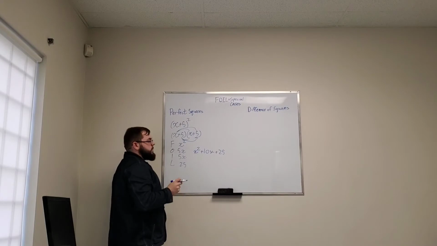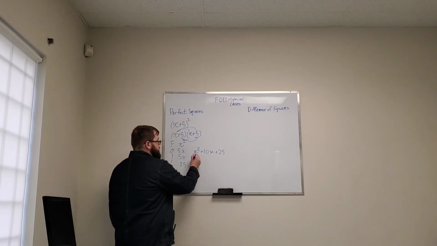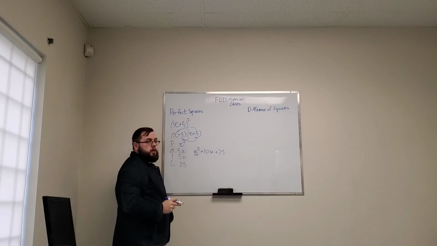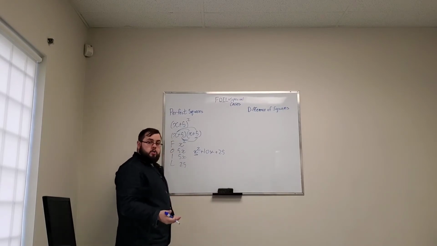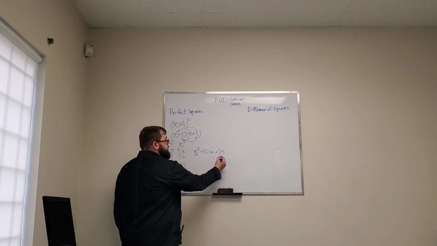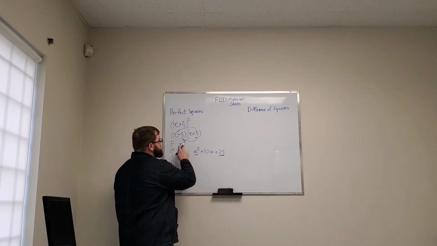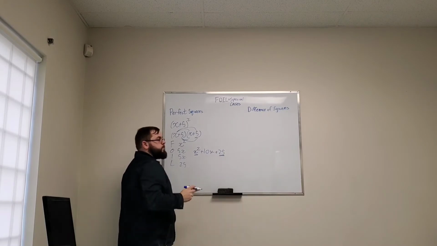All right, so what we can tell from this is that the first term in a perfect square will always be the square of the first term in your binomial. So in this case, x would be x squared. The same goes for the last term. The last term is equal to the square of the last piece of your binomial, so 5 squared.